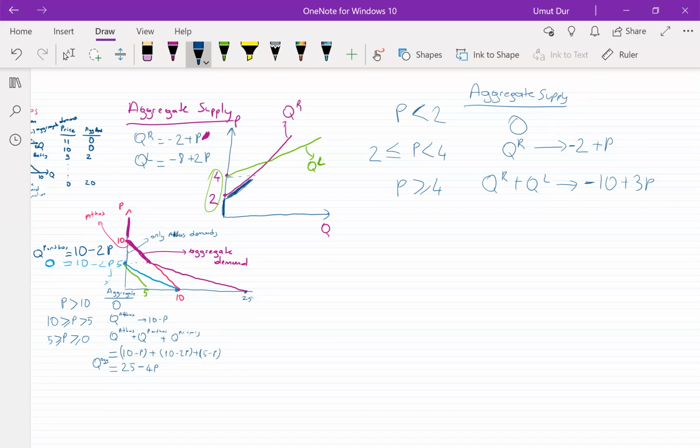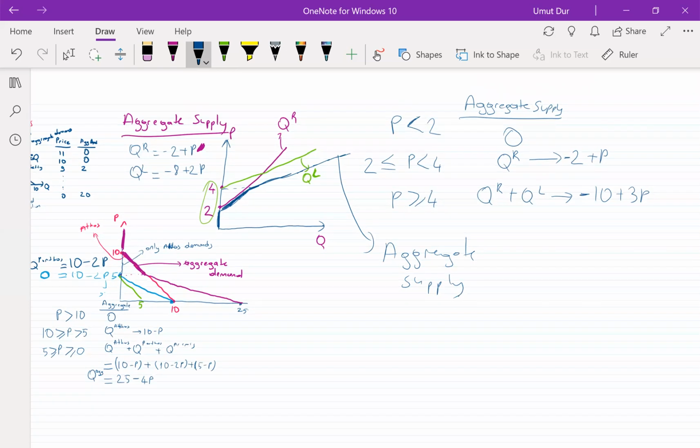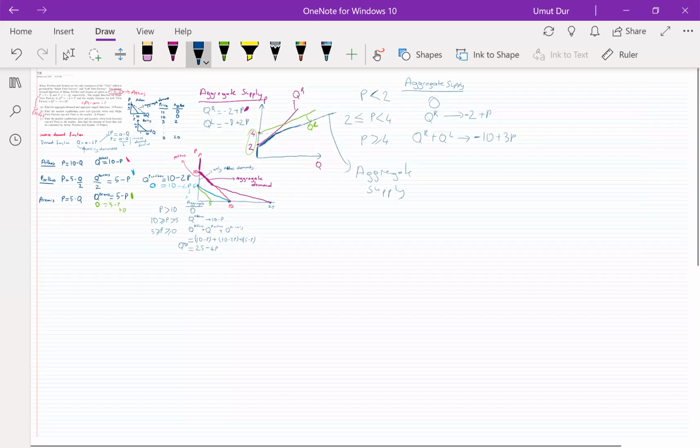And when the price is greater than 4, the left firm also supplies, so the curve will become flatter. This is the aggregate supply.